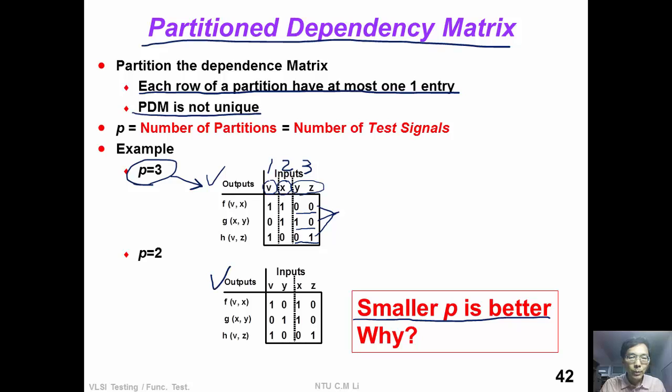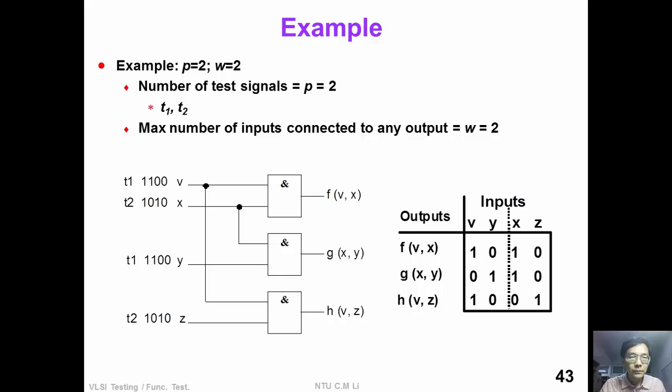We can also partition this matrix into only 2 partitions, where VY is a partition and XZ is a partition. Of course, smaller P is better. In this partition, we only need 2 test signals, so our test length is shorter.